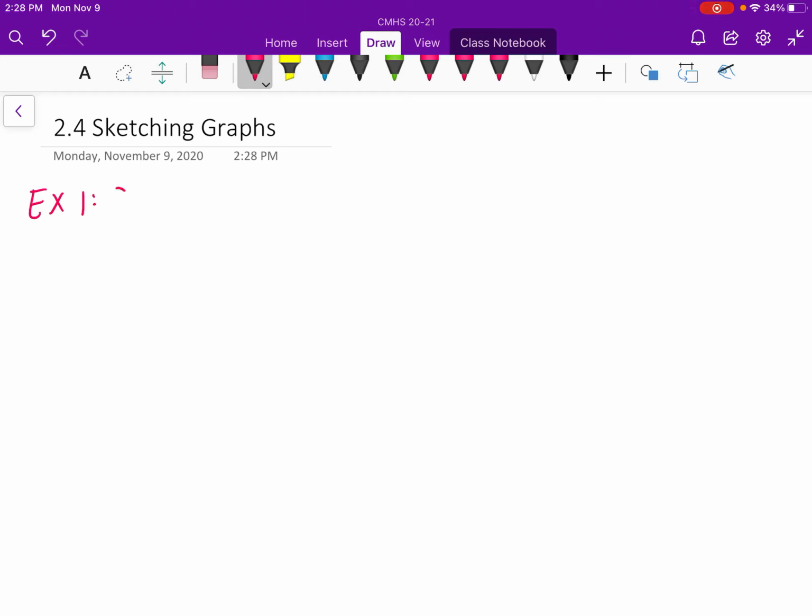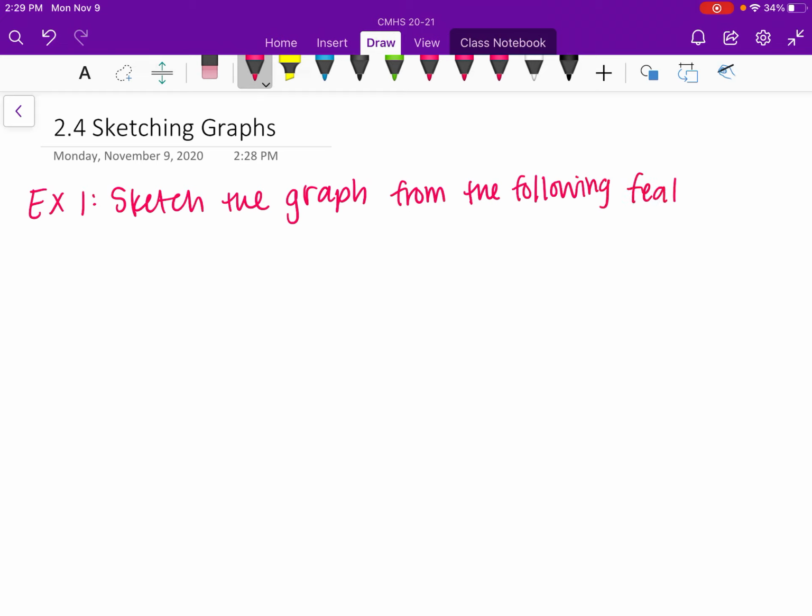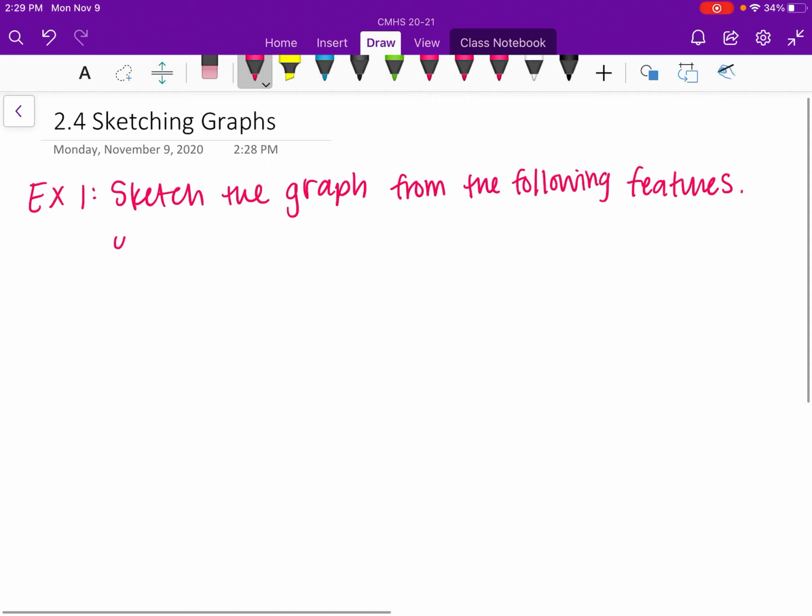The directions: sketch the graph from the following features. So these are the features of the graph. First, the y-intercept is 2.